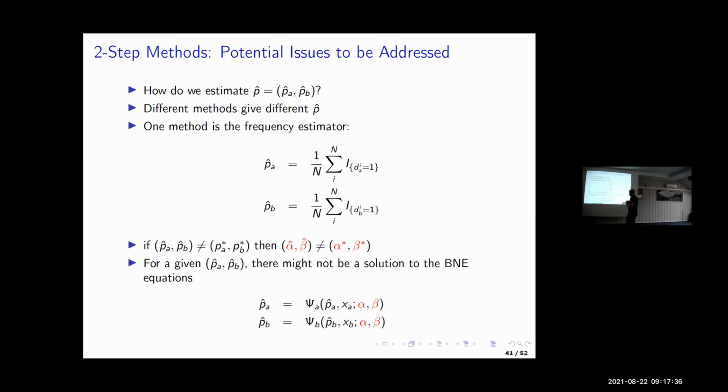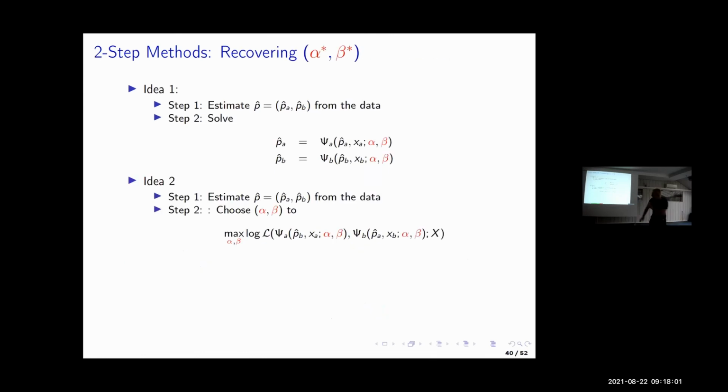I said that these could not necessarily be recovered if you were using idea number one, just solving those equations. There may not be solutions to this. But you can also say it another way: if you maximize with this nested pseudo likelihood, or with the CCP type of estimator, where you're maximizing this, holding fixed the choice probabilities at the estimated frequencies, you're going to get a set of estimates.